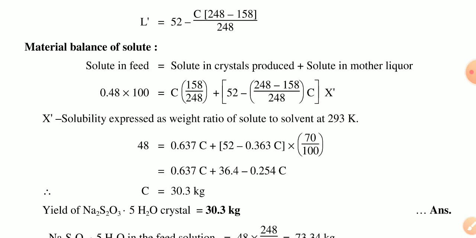Here X dash is the solubility expressed as the weight ratio of solute to solvent at 293 Kelvin.